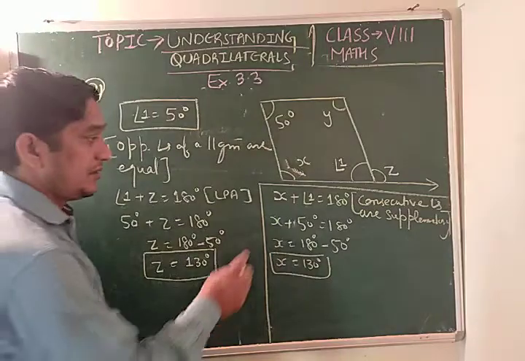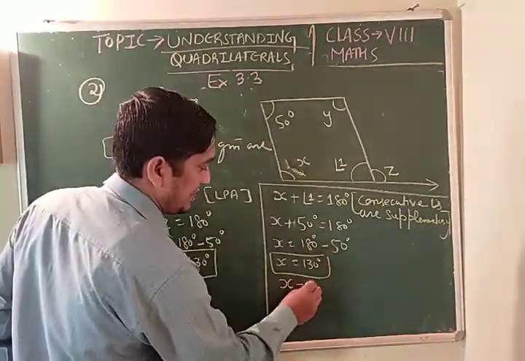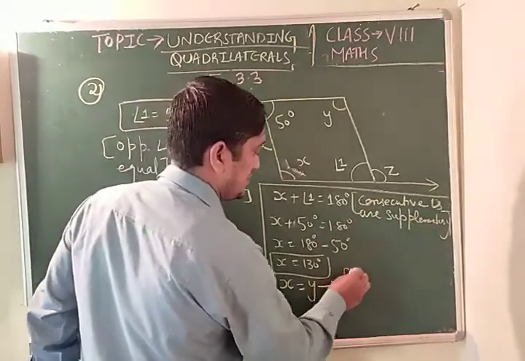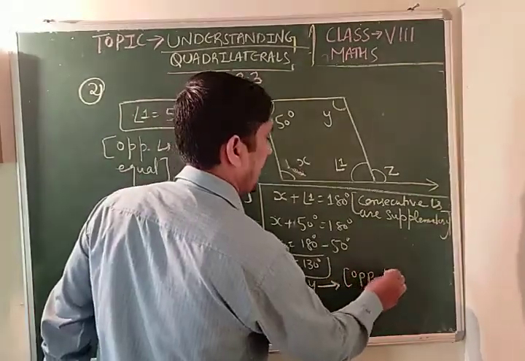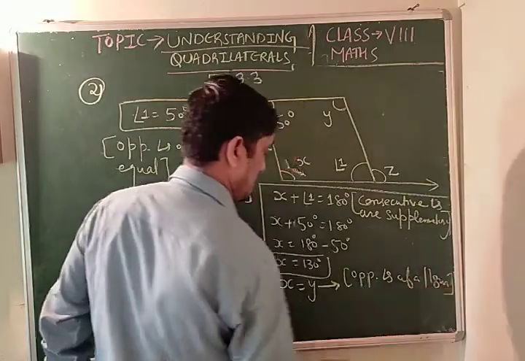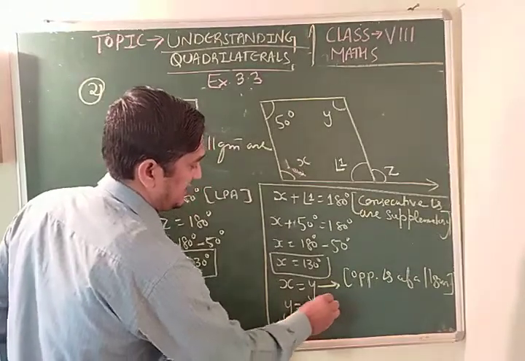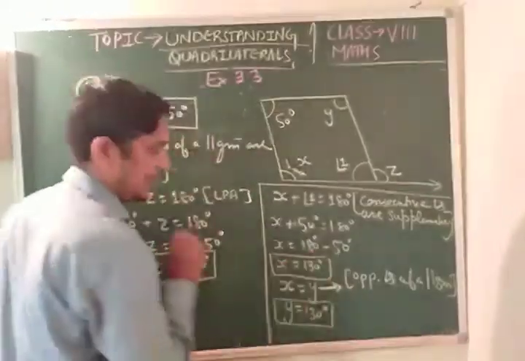Then which one is left? Y. The relation between x and y is what? X is equal to y, opposite angles of a parallelogram. So the value of y becomes 130 degree.